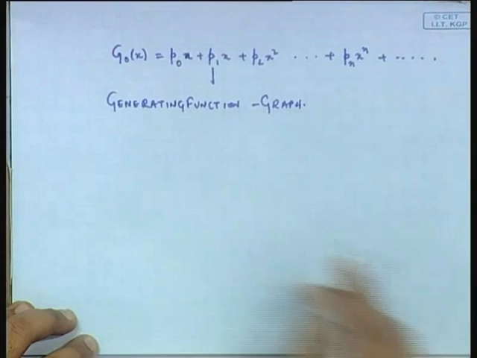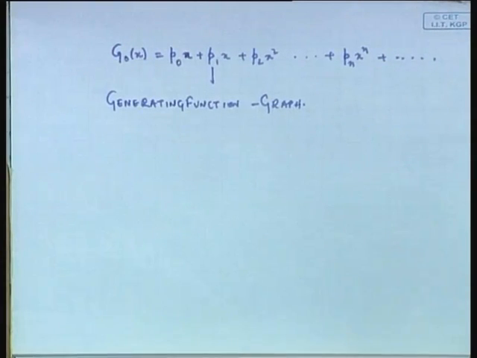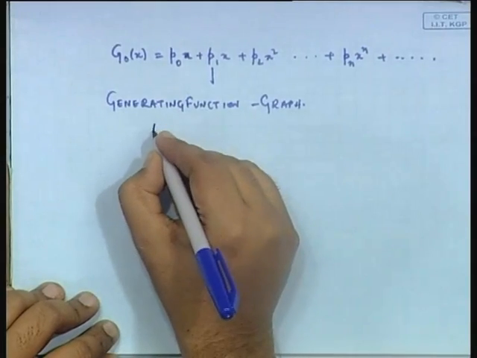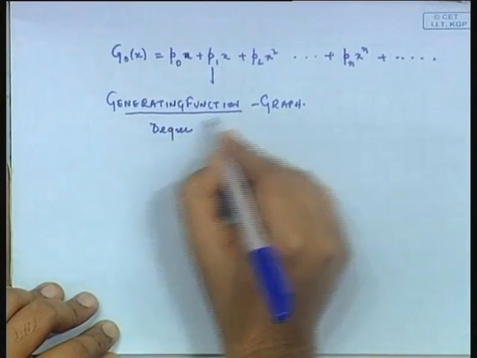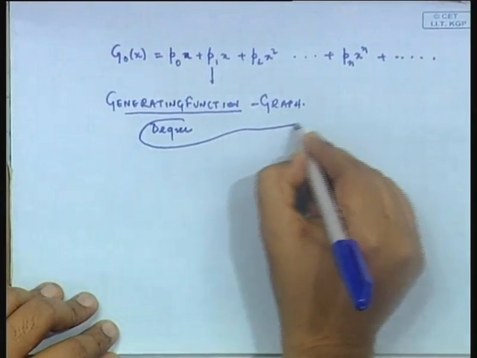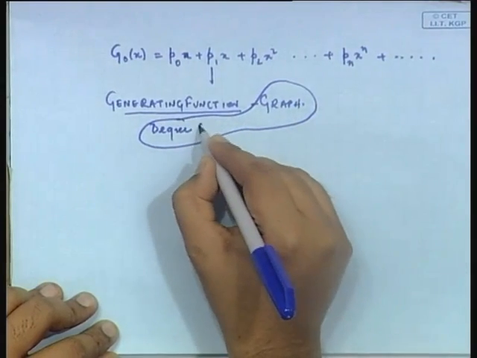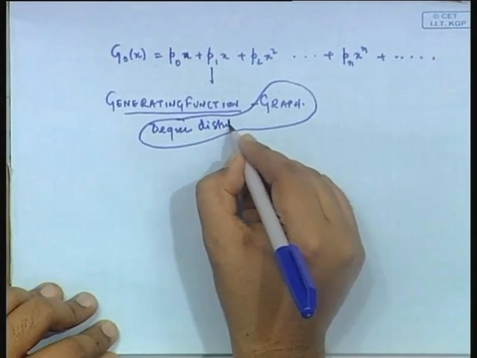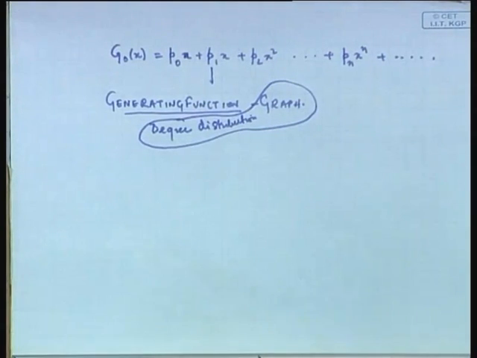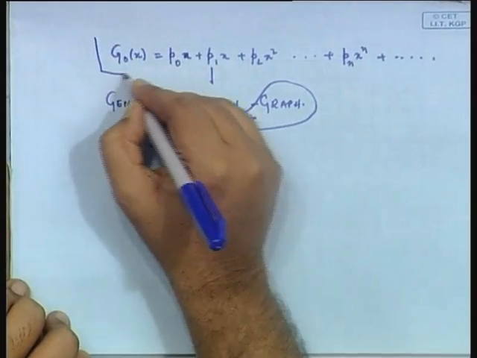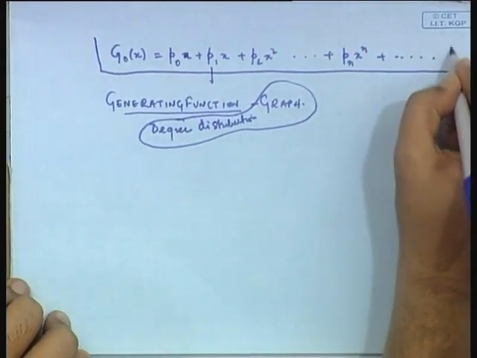The simplest thing by which graphs are represented is the degree distribution. So, I will represent the degree distribution of a graph through a generating function. And you see this is how you can represent.